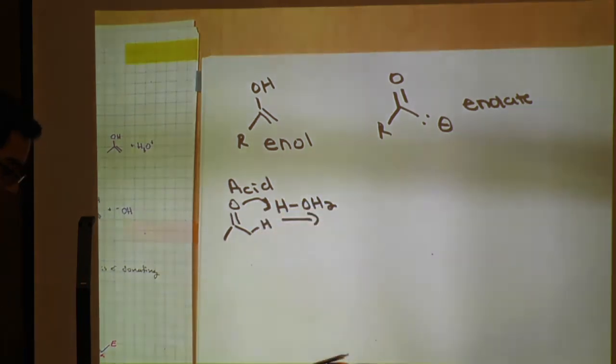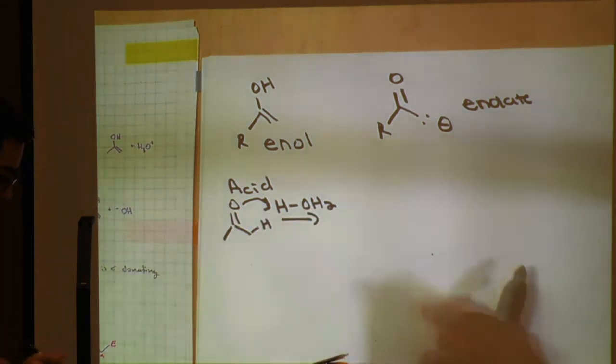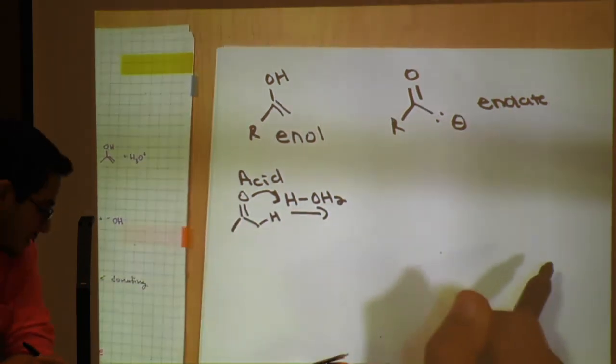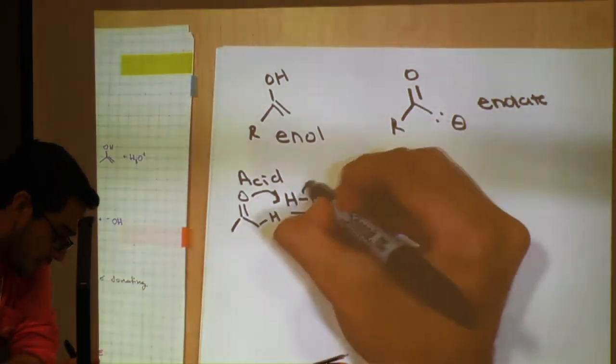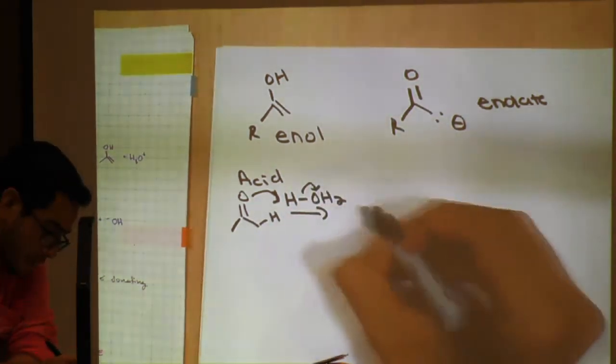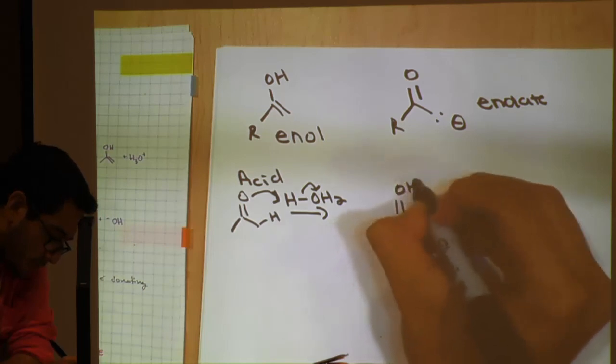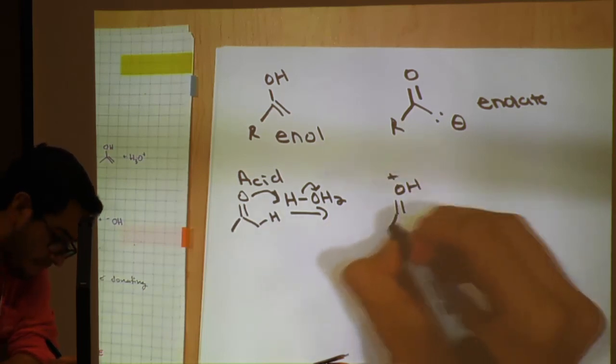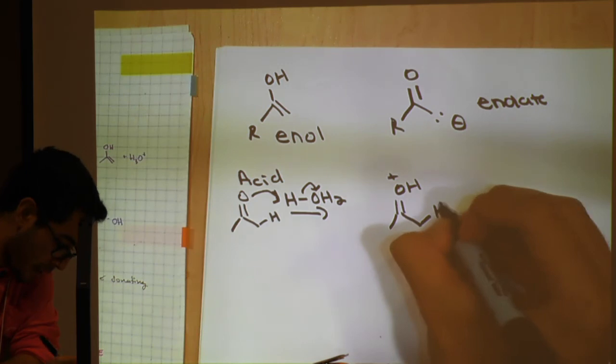Just remember that there's always that hydrogen there. And so when we do that, this comes over, and now we have our double bond, OH positive, and we have our alpha proton.